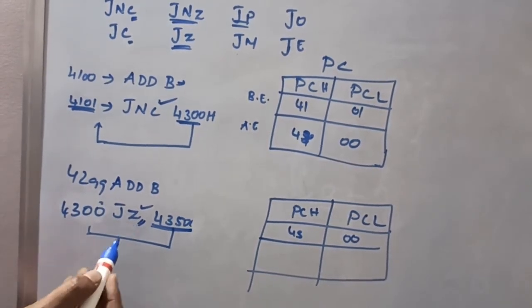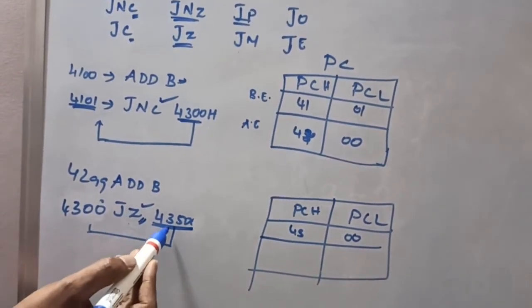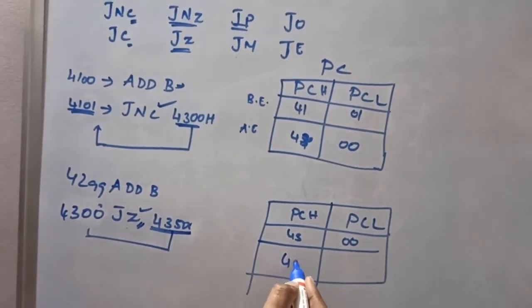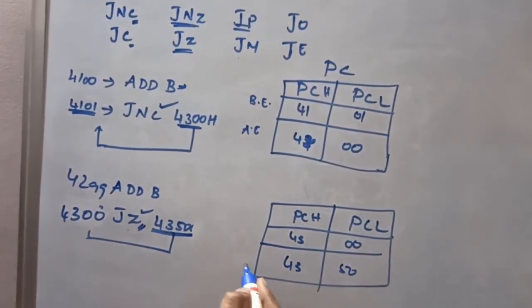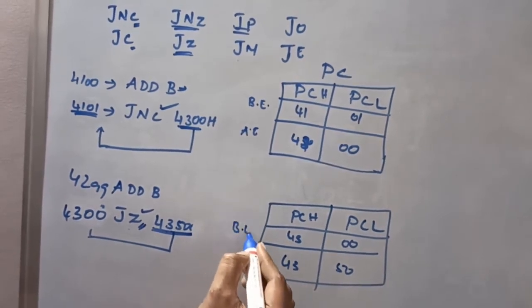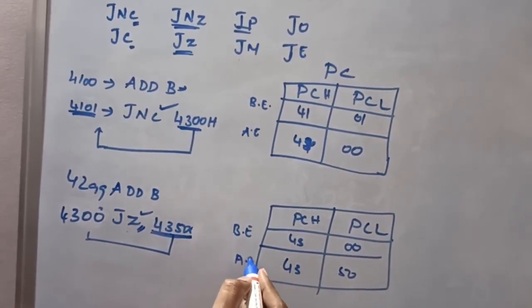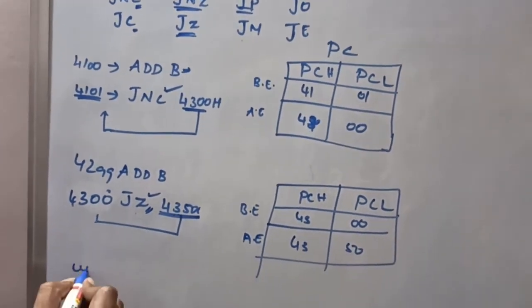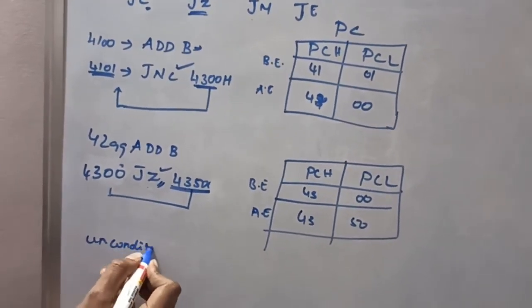After execution of this instruction, the condition is true, so the specified address location is transferred to the program counter. So that is the conditional group. Next, the response of the unconditional group.